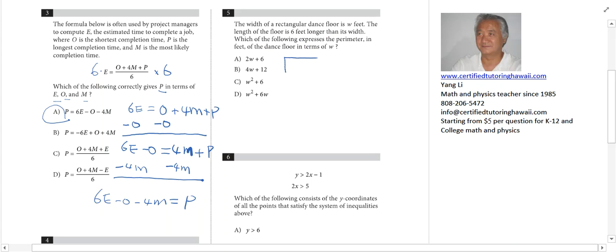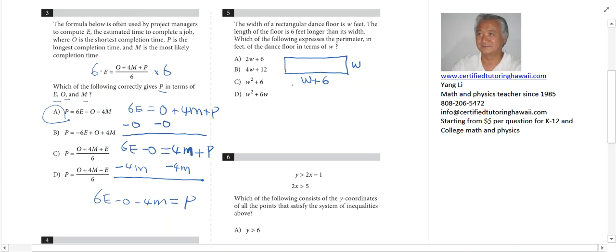Suppose this is the dance floor, and then this one is W, and this one is W plus 6. That's the length, right? They told you that here. The length of the floor is 6 feet longer than the width.